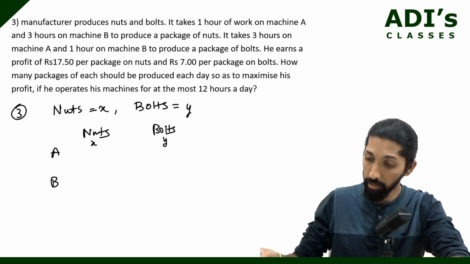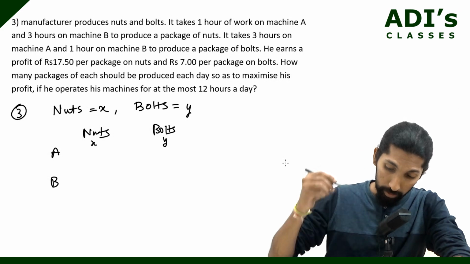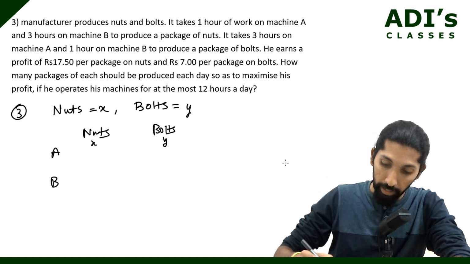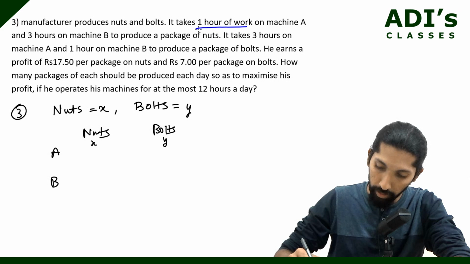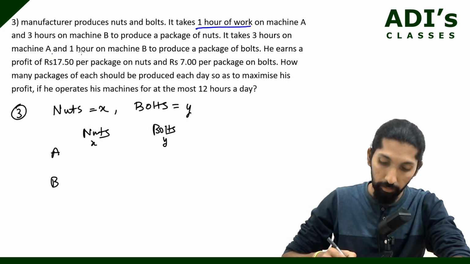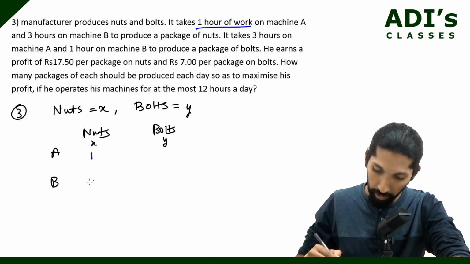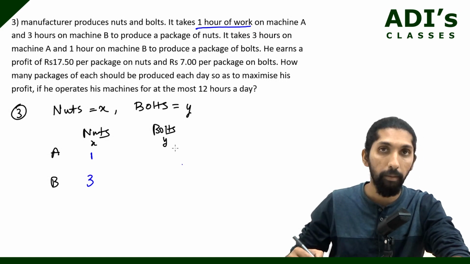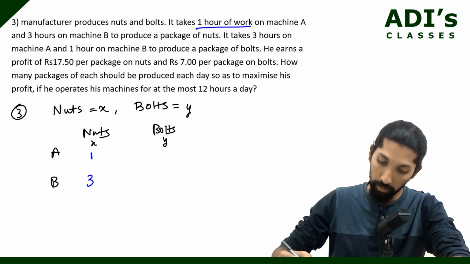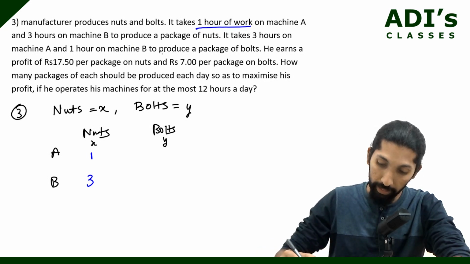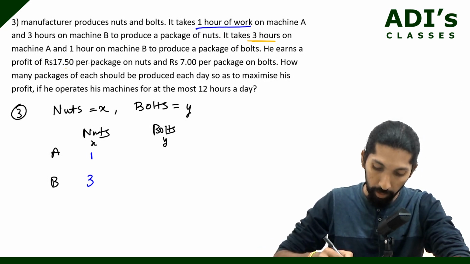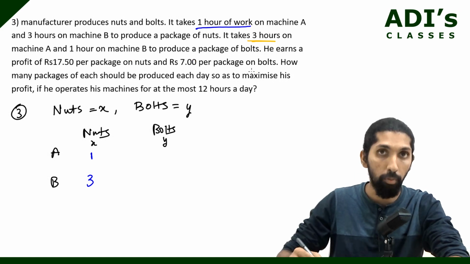Now let's start with the given info. See, the given information is what? It takes 1 hour of work on A and 3 hours on B to produce a package of nuts. So 1 hour in A, 3 hours in B. Then it takes 3 hours on A, 1 hour on B to produce a package of bolts.